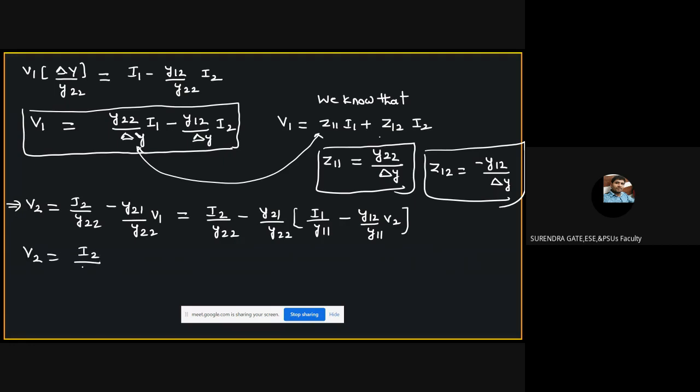I2 by Y22 minus Y21 by Y11 into Y22 into I1, and minus into minus plus Y12 into Y21 by Y11 into V2. Now you bring this V2 this side. Take the V2 common. Then what can we get, students?